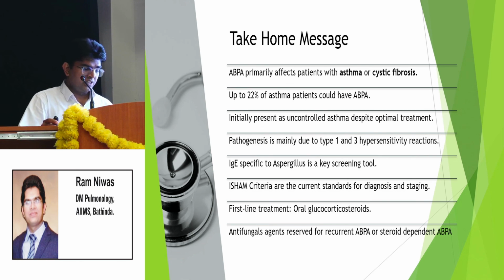And IgE specific to aspergillus is the key screening tool. And ISAM criteria are the current standard for diagnosis and staging. And first line treatment is oral glucocorticoid, and antifungal agents are reserved for recurrent ABPA exacerbation or steroid dependent ABPA.